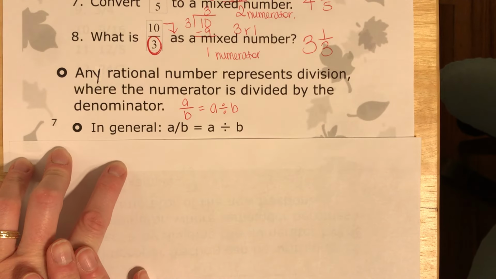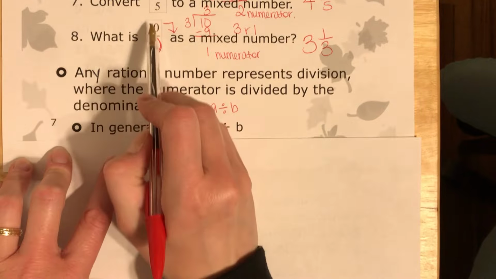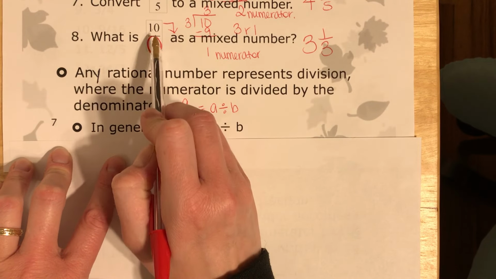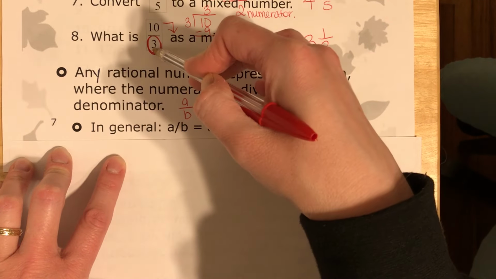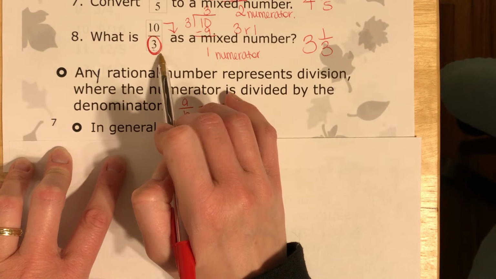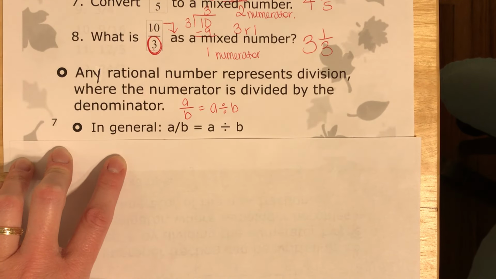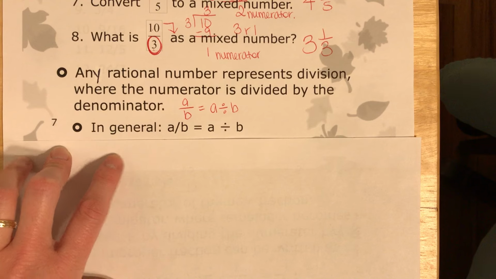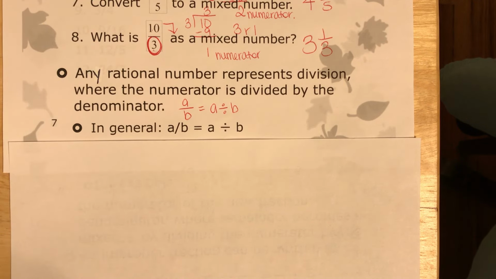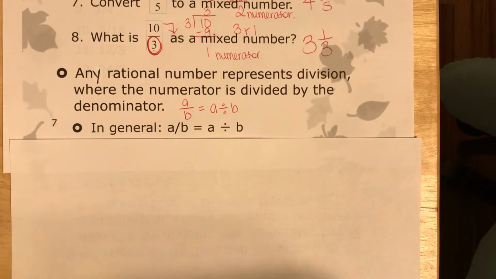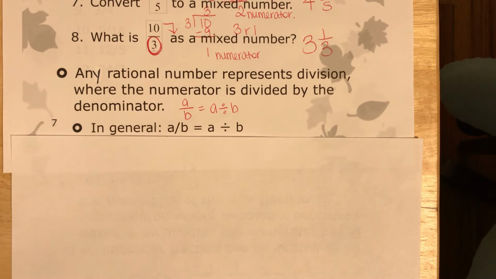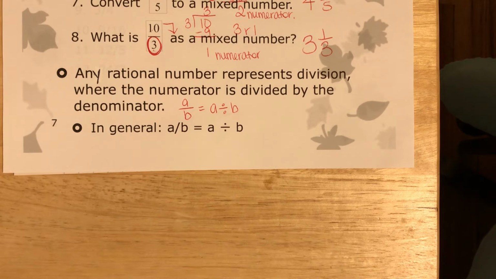It's just like I did before. I took the numerator and divided it down. It became 10 divided by 3. That's basically what we're doing when we convert from improper to mixed. We're using that rule of a over b really means a divided by b.